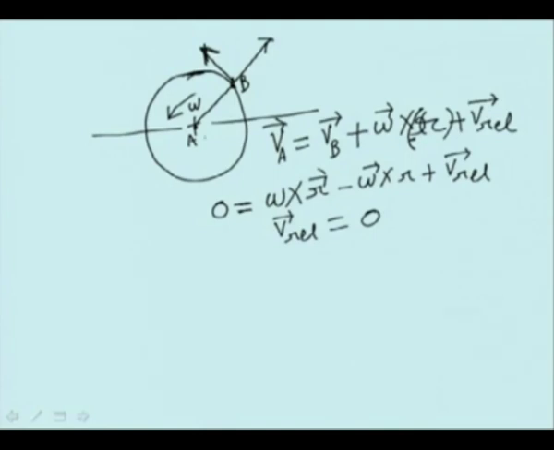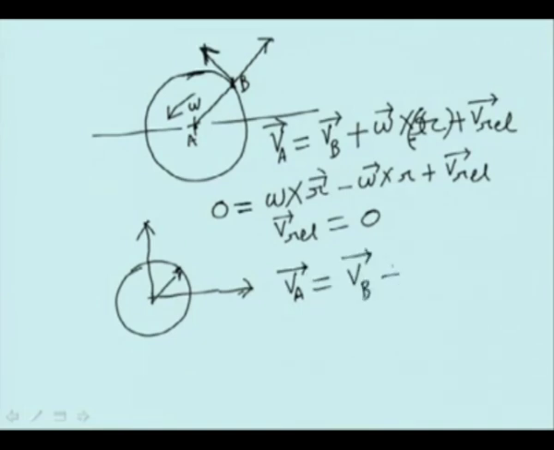However, if we fix a non-moving coordinate system here at A, then the velocity of particle B is related with the velocity of A in this fashion. VA is equal to VB plus VL. As the axis system is not rotating, I am not putting omega.